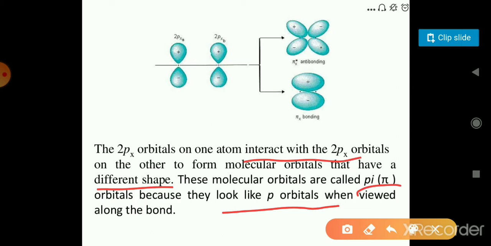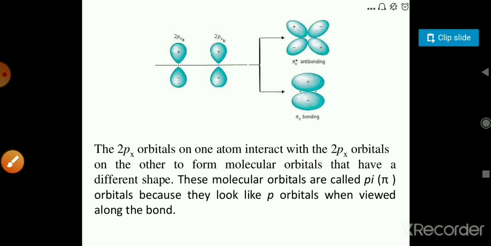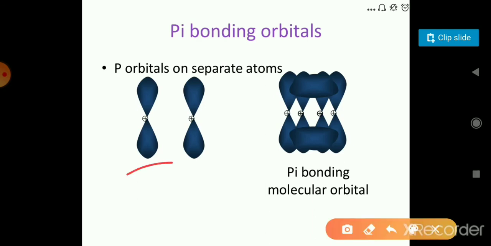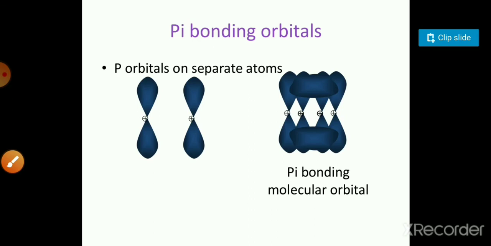So this is the 2px and 2px combination, and there is the pi bonding and there is a pi antibonding. So for the pi bonding, the 2px orbitals are present, and these orbitals will overlap and form a pi bond in a molecular orbital.